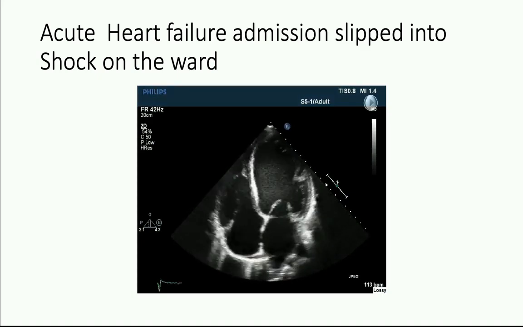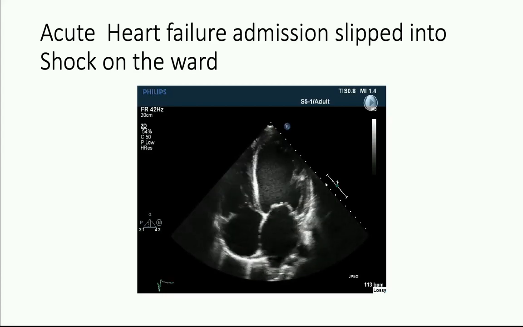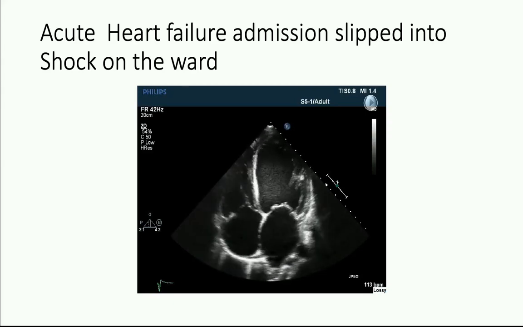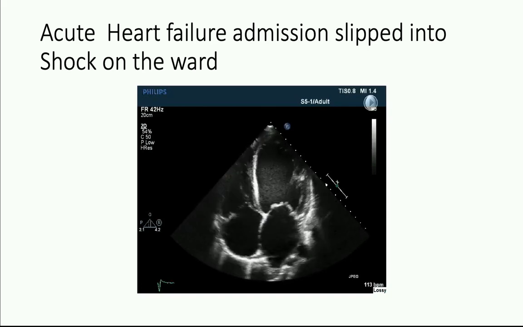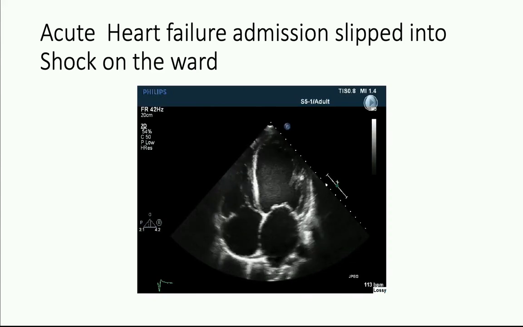Case number 2. So this is a 23-year-old gentleman who presented to me on the ward with a new diagnosis of acute heart failure. He was an electrician by trade. And he liked to go to parties, drink lots of alcohol, and do cocaine. And he presented in this way.